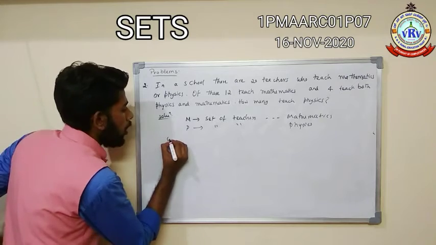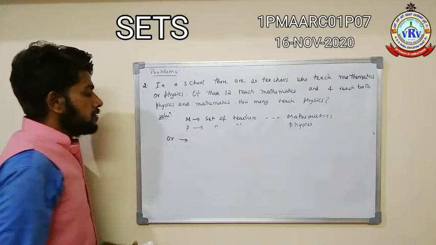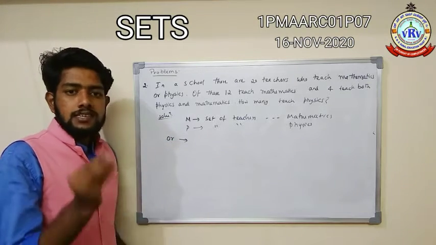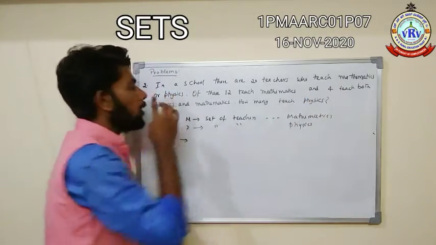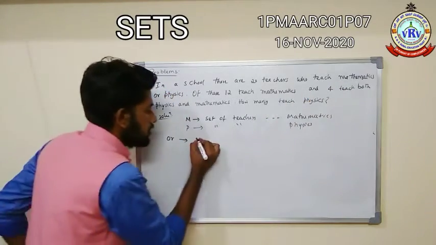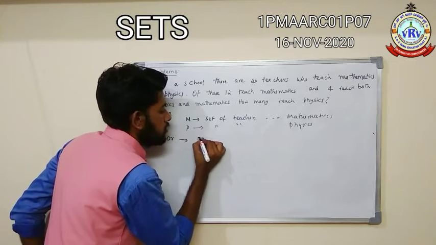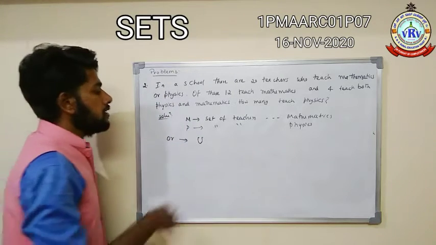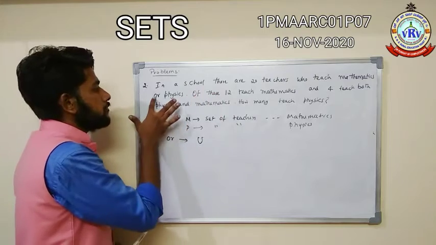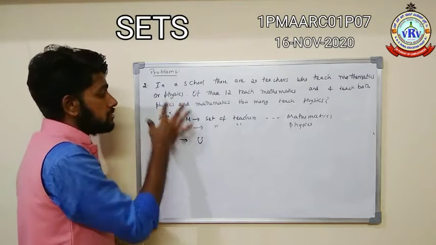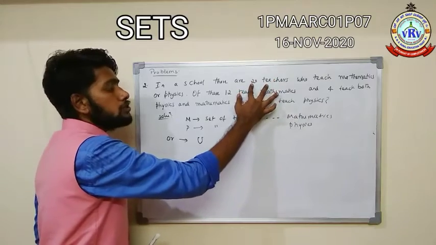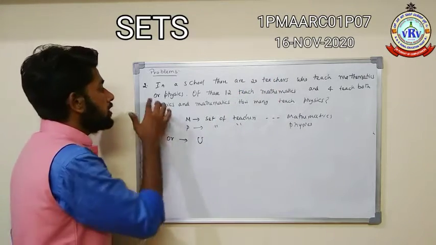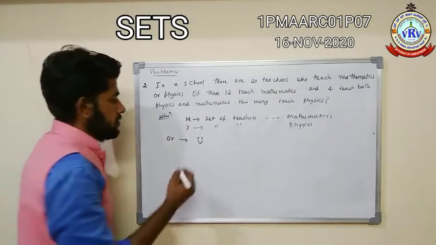The word or means the elements in that set which are either in mathematics or in physics, which is nothing but the union set. Physics or mathematics means the union set. 20 teachers means those 20 teachers belong to the M union P set.